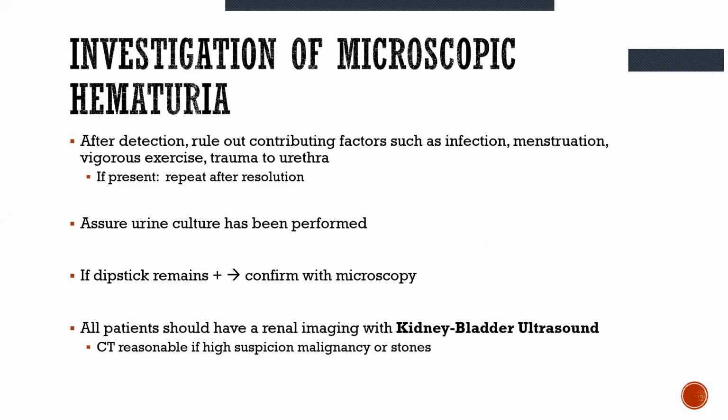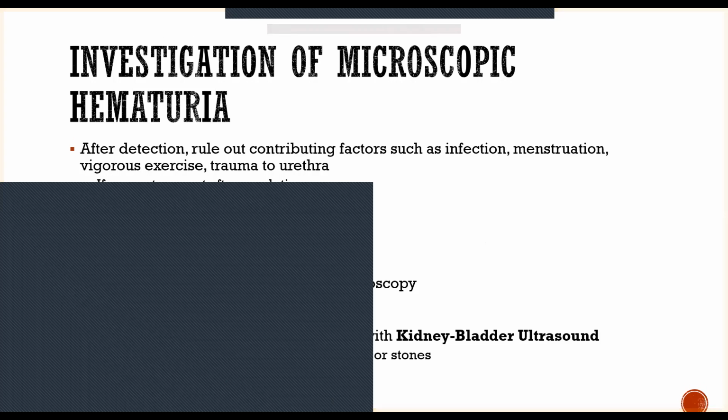So I'll show you the whole algorithm in a few slides, but in general, when you detect microscopic hematuria on a dip, you should think about reversible causes of bleeding, such as infection, UTI, menstrual bleeding. Vigorous exercise can cause microscopic hematuria, or trauma from instrumentation, even sexual activity, prostate exam, viral illness, a number of things.